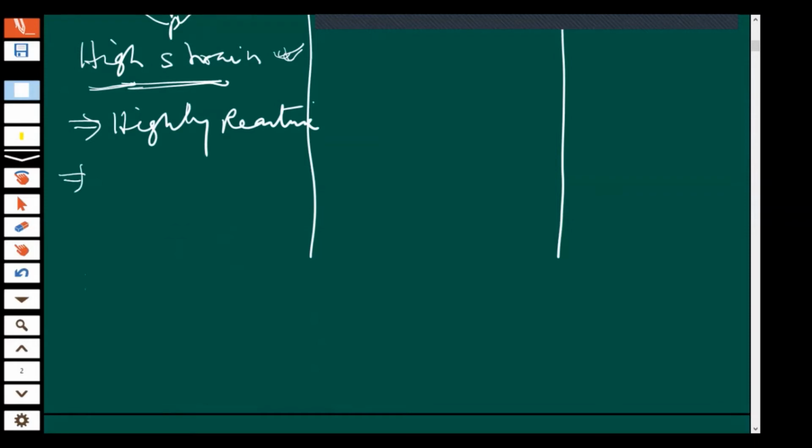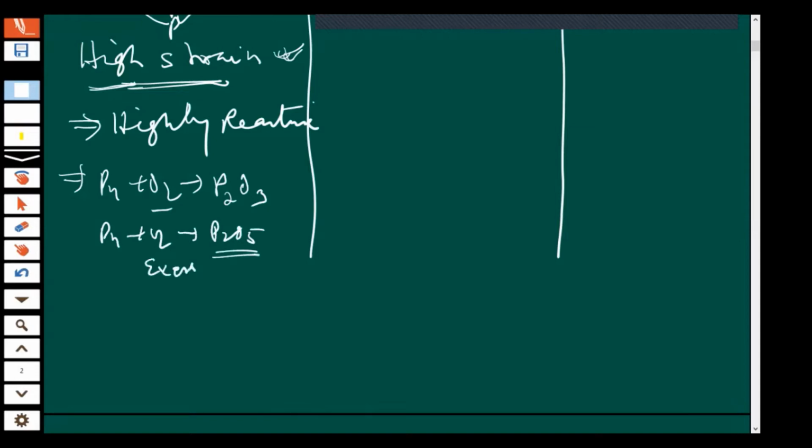Okay, they are so much reactive that they immediately react with oxygen also to form P2O3, or they can form P2O5, depending upon availability of oxygen. Got it, my children? These points are very clear to you.